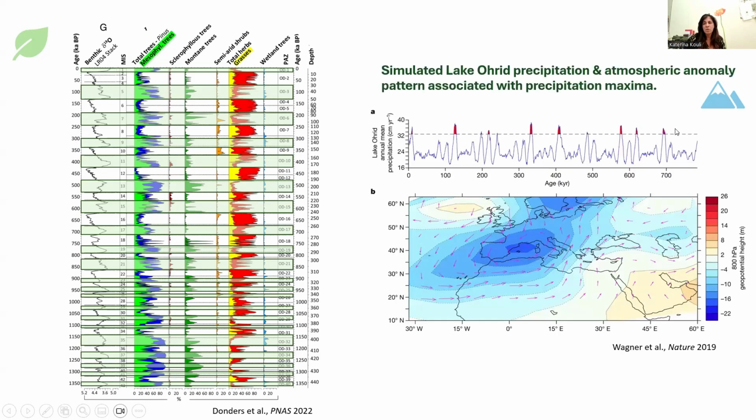This nice diagram shows the reconstruction of precipitation back in time for the last 800,000 years. And you can very nicely notice those red peaks that are extremes in rainfall, flooding events.